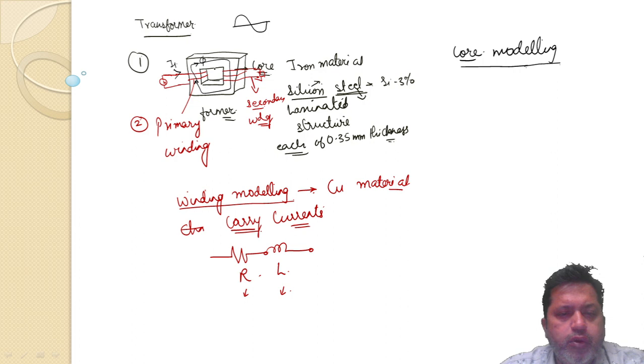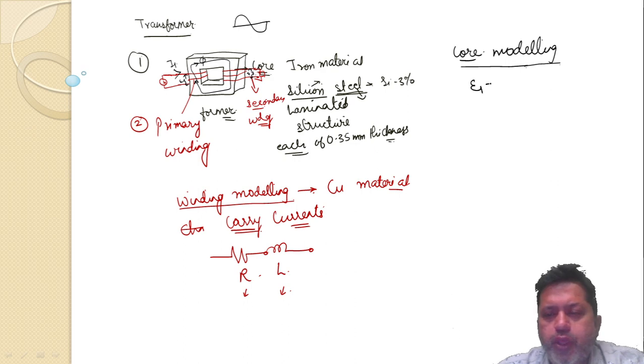The rate of change of flux will link with both the coils, primary winding and secondary winding, and will generate EMFs E1 and E2. E1 is equal in magnitude to N1 d phi by dt, and E2 is equal to N2 d phi by dt.